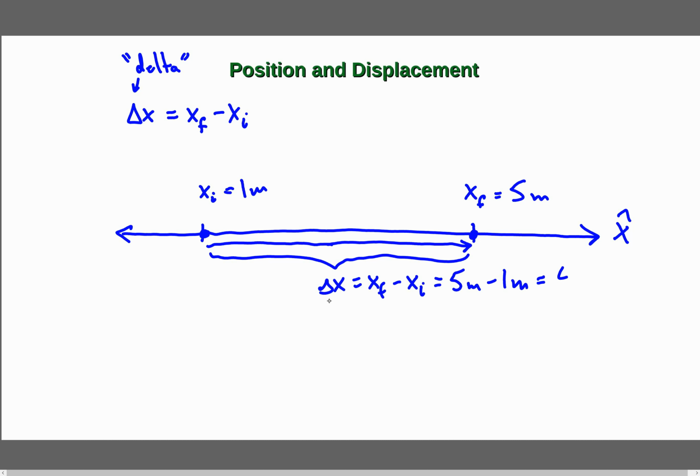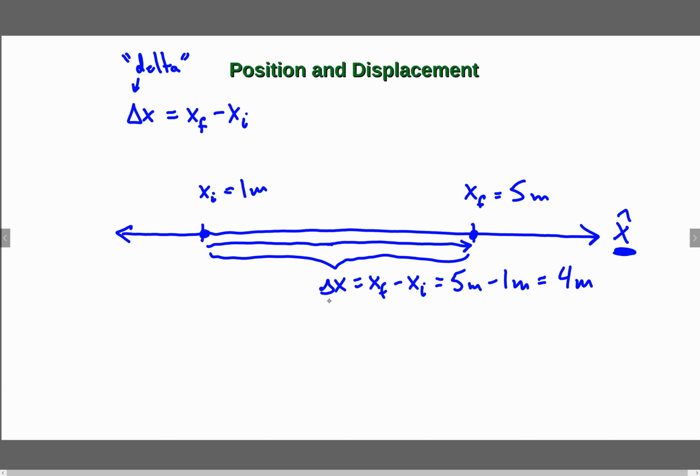And you can see that means that we moved 4 meters. And you can see that it's positive. Positive tells us it went in the positive x-hat direction. Okay? It moved to the right. And we can see that's exactly what we've drawn here.